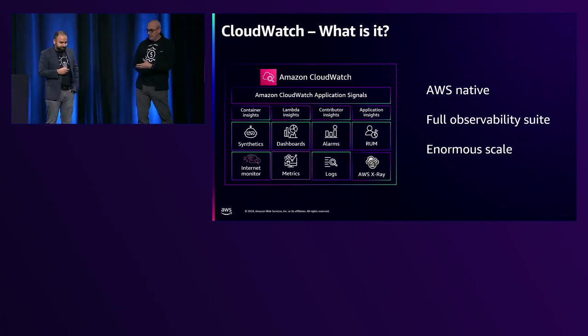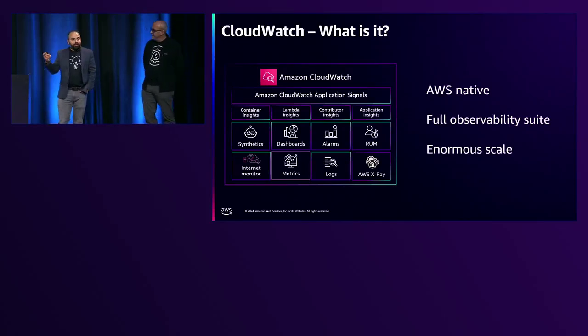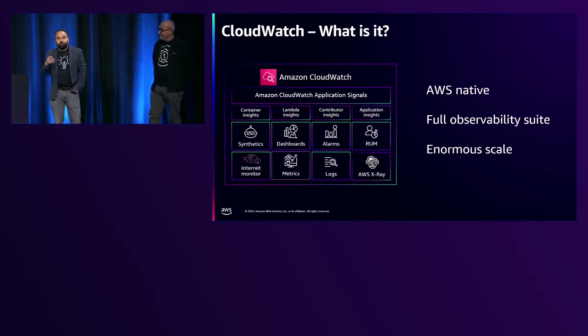But let's talk a little bit about how CloudWatch has evolved. We got a nice diagram from the keynote this morning, but maybe you can talk a little bit more about that, Nikhil. Yeah. And specifically, because our session is about logs, we will focus more on logs-related things. And you'll see it's not just logs, how things tie in together, but we'll talk more about how logs come into play.